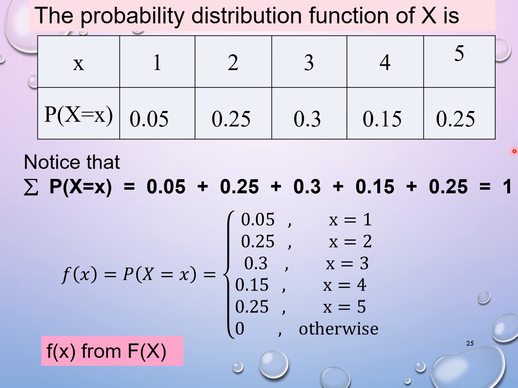It's up to you. So this is how we obtain fx from capital Fx. Small letter f means PDF, or the probability distribution function, and capital letter F is the CDF, or the cumulative distribution function.